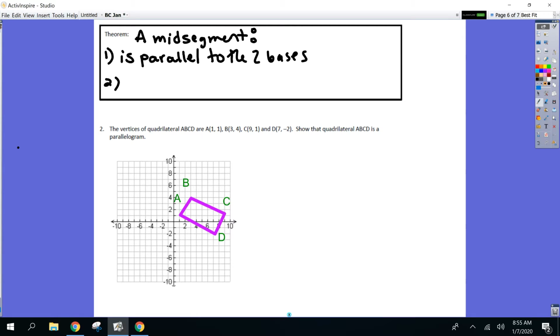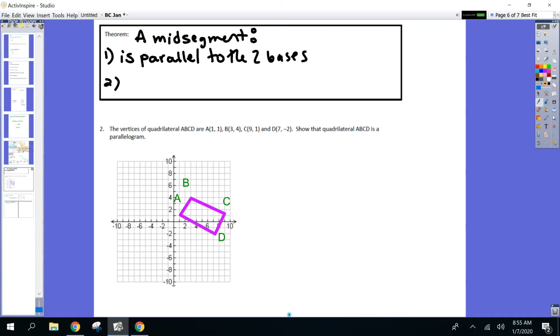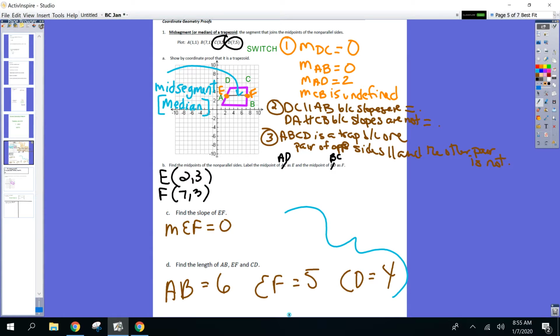How do you find the length of a mid-segment? Oh, I counted. That's not going to happen every time. One base was 6. The other base was 4. Mid-segment was 5. Oh, just get the number in between. No, because look here.